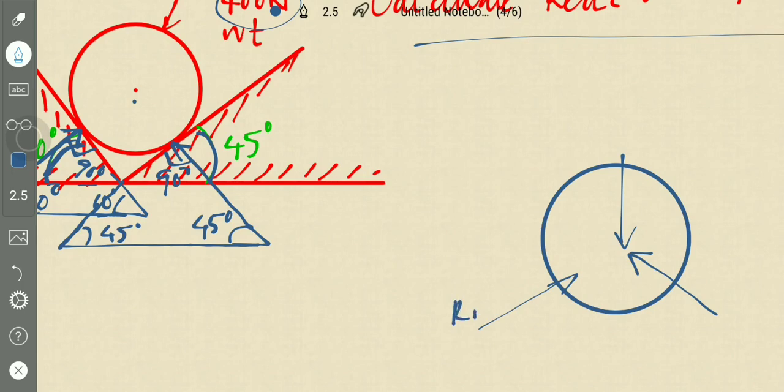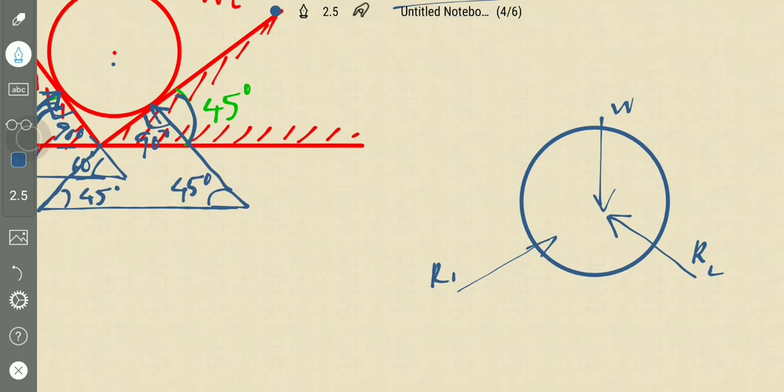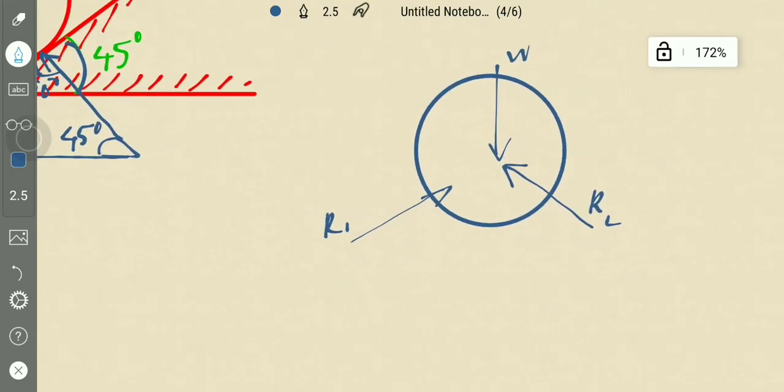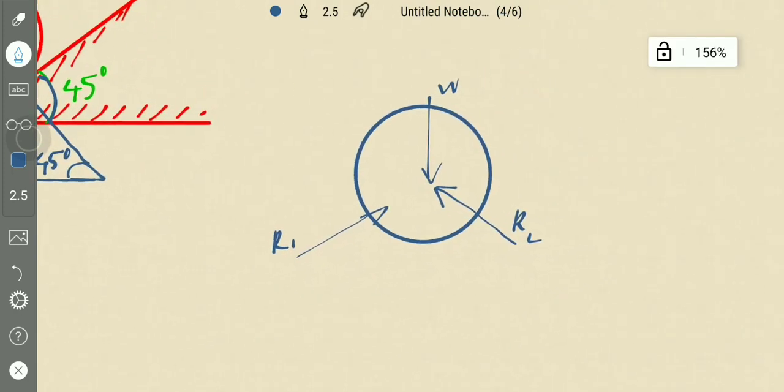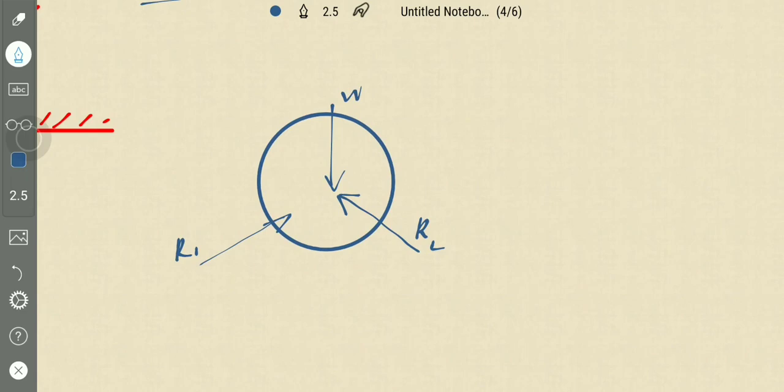Let us say this is R1, this is R2, and this is weight W. If I plot these forces like this, this is W, and I transfer this force to here.